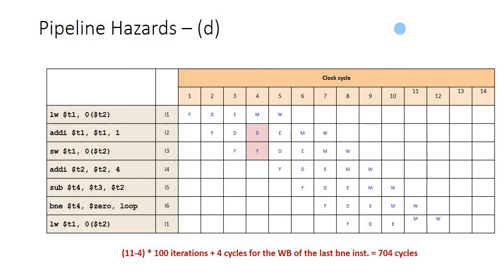In part D, we are told that we are having branch prediction using the predict taken scheme. That means we always say that the branch is going to be taken. Early branching is not implemented and we still resolve it in the MEM stage.